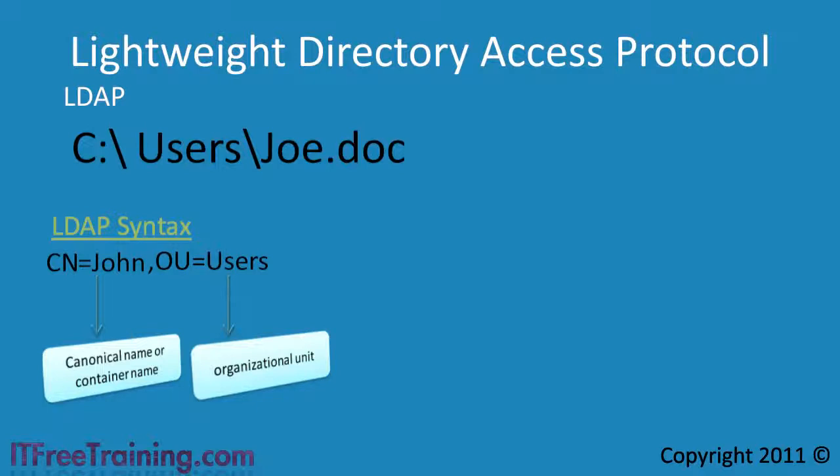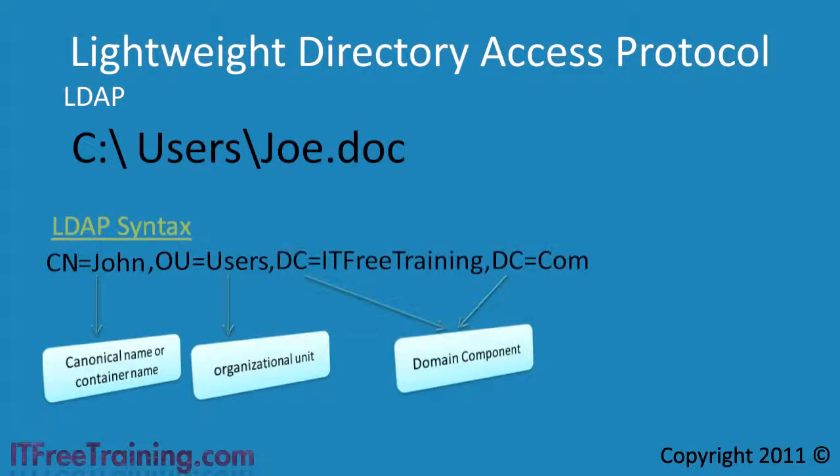Now if I were to compare this with accessing a file on the hard disk, I now need to specify where this object is. In the case of files on the hard drive, I added a drive letter. In the case of LDAP, I need to add the domain it is located in. In this case, I will use itfreetraining.com. In LDAP syntax, I need to add comma DC equals itfreetraining, comma DC equals com.